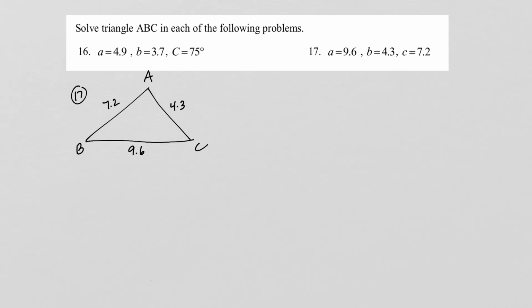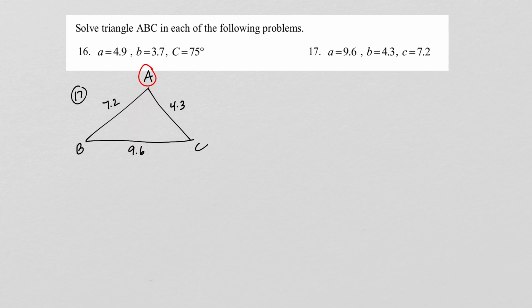Now for number 17 here, we have a triangle for which we know all three sides. This is a side, side, side situation. When you know side, side, side, you are going to find the largest angle using the law of cosines. The largest angle is angle A because it is opposite the largest side.